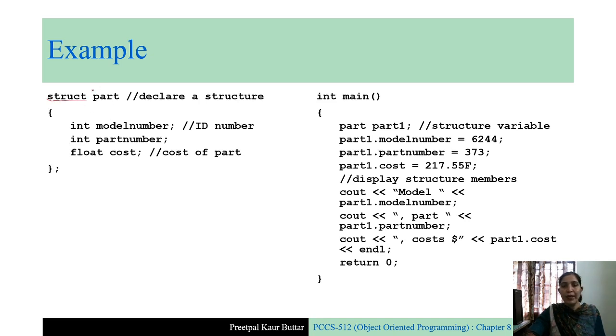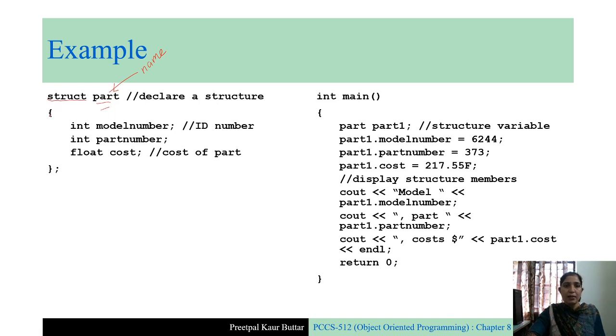If you want to declare a structure, you first write the keyword struct. It tells the compiler that we are going to declare a structure. And then part. Part is the name of the structure. You can have any name, any valid identifier is allowed here. Here we name this declaration part.